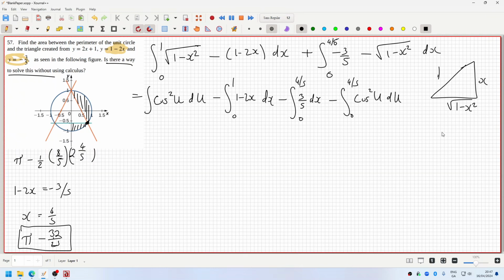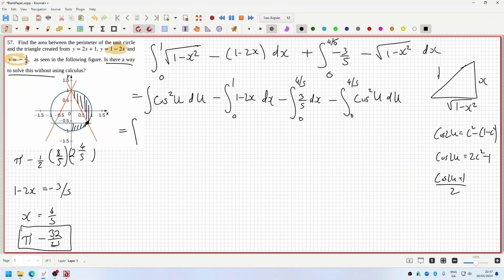Now remember, cos 2u is cos squared minus sine squared. So cos 2u is 2 cos squared minus 1. So cos 2u plus 1 over 2 is cos squared.